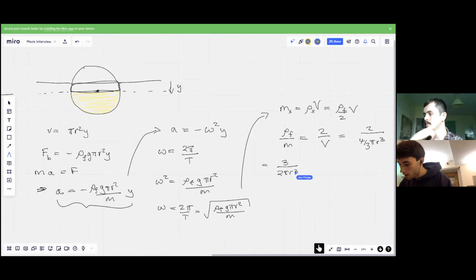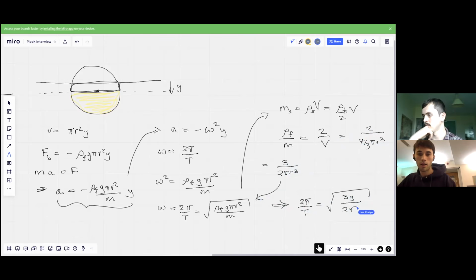So I could plug that in, which then gives me 2 pi over T is the square root of 3g over 2r. Perfect. And I'll save you the last step of rearranging, but we can multiply by T and divide by this factor on the right hand side.